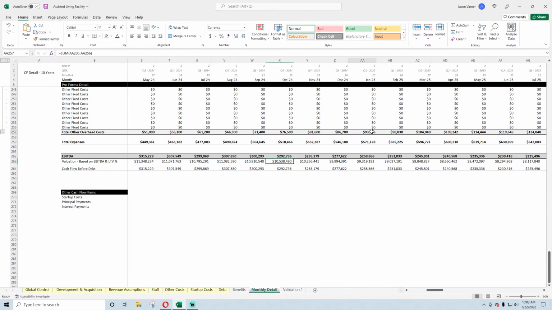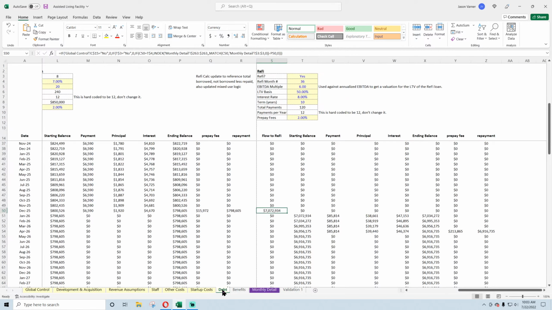So look at this. Our refi valuation is 8,050,000 times debt T6, which is the percentage of LTV. So we're saying it's worth 8,050,000 that we can get at an LTV of 50%.